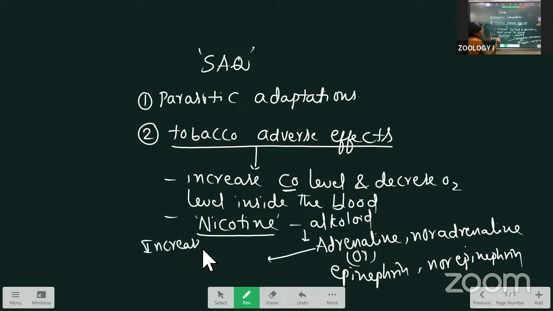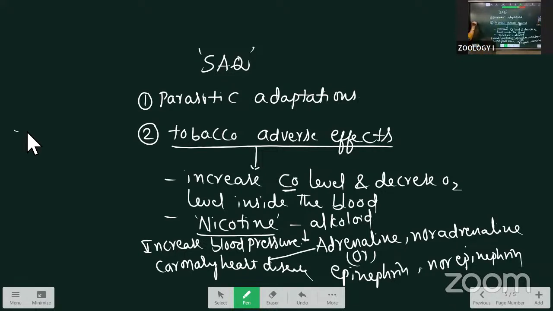Increased blood pressure causes some types of diseases, heart disease, that is coronary heart disease. Next, those who consume tobacco also get cancers. They mainly get oral cancers.